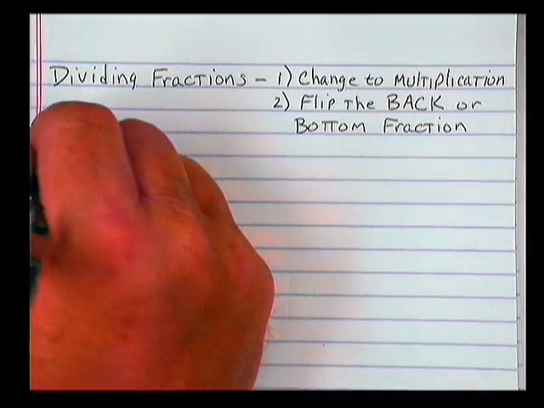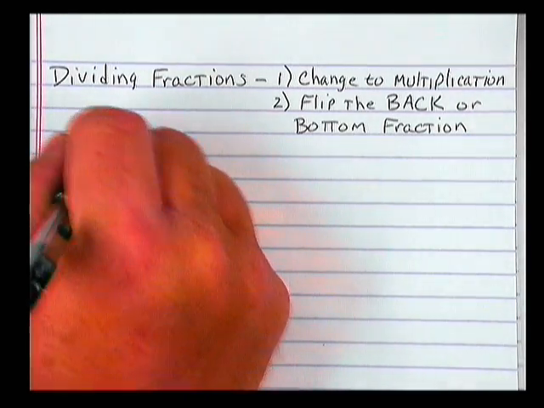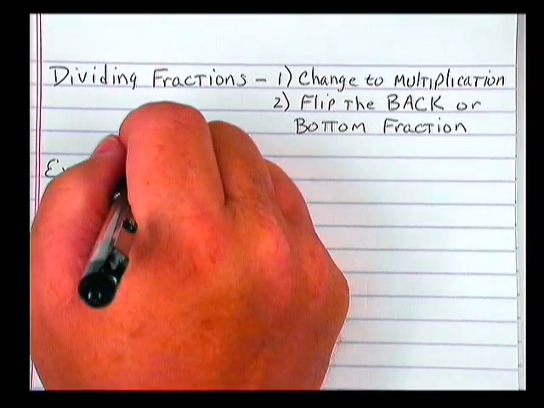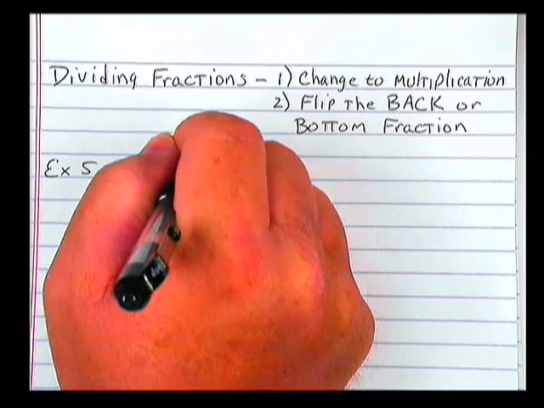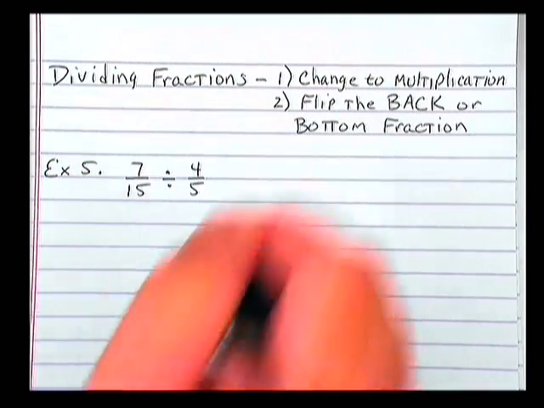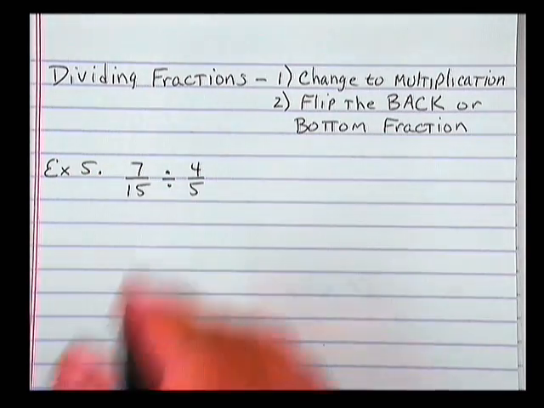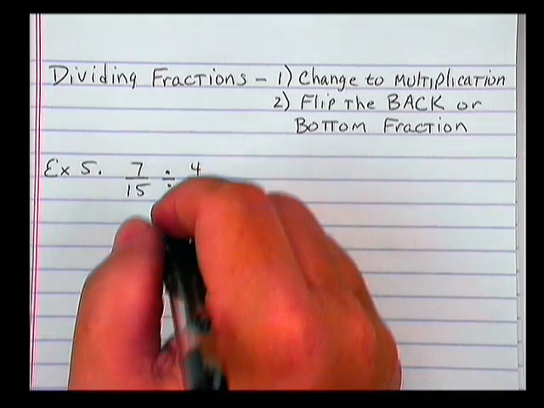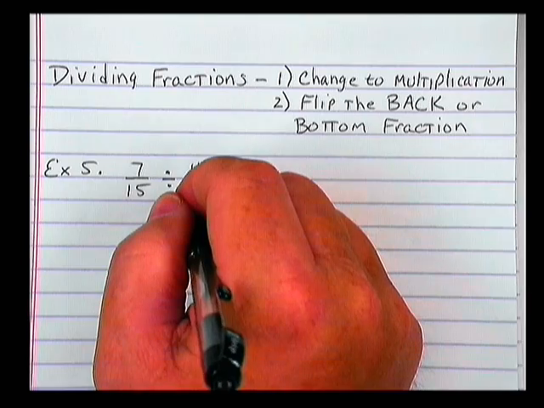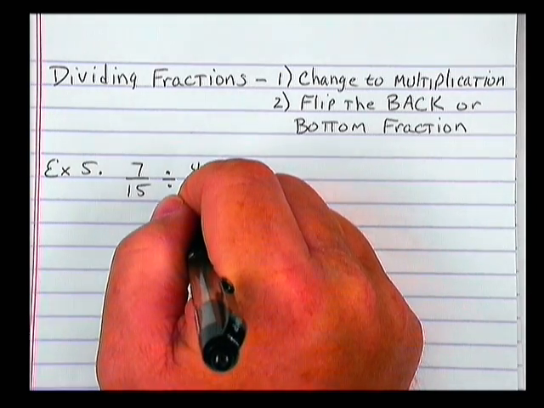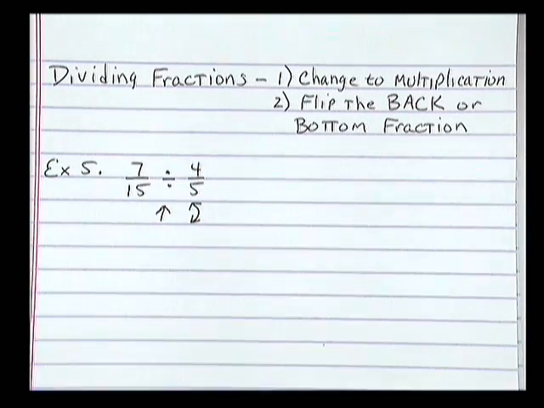So in example 5, 7 over 15 divided by 4/5. I change this sign right here, and then I'm going to flip this.